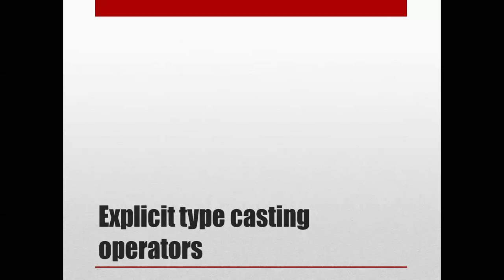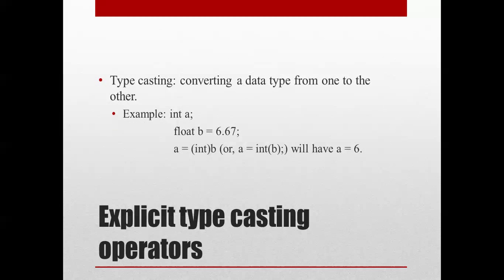Okay, now there are explicit typecasting operators. So typecasting is converting a variable from one data type to another. There are some compatibility issues with typecasting, but this is just a basic concept as you're seeing here. For example, we have an int a and float b equals 6.67.